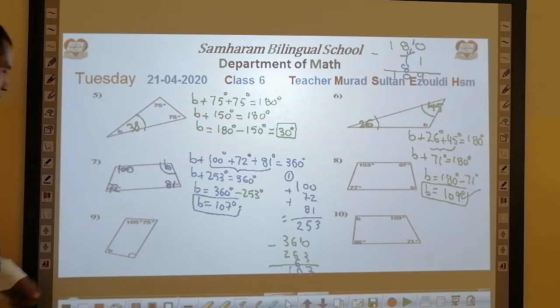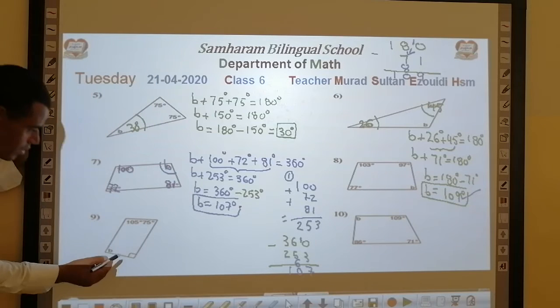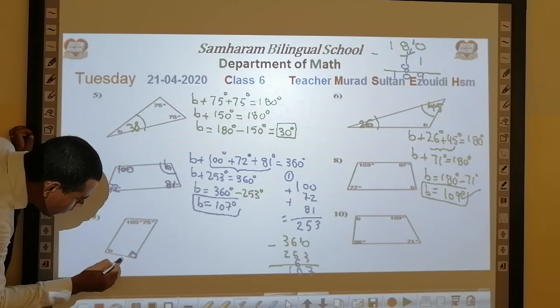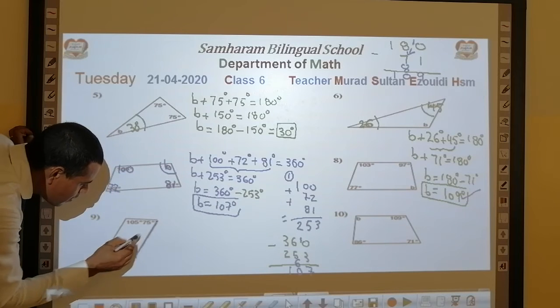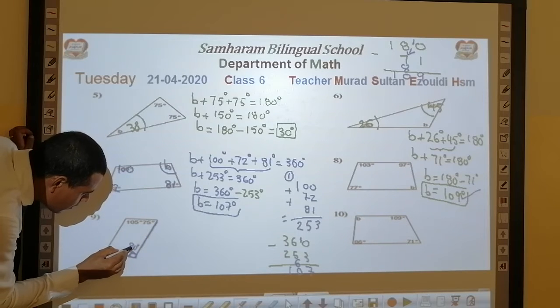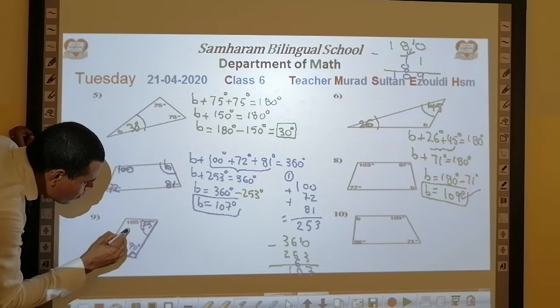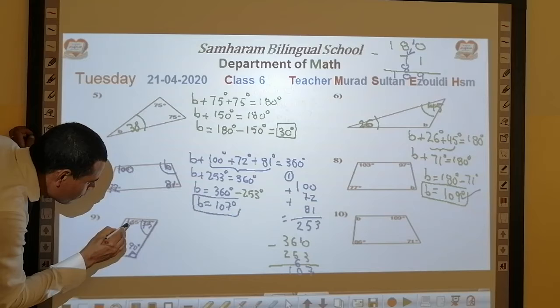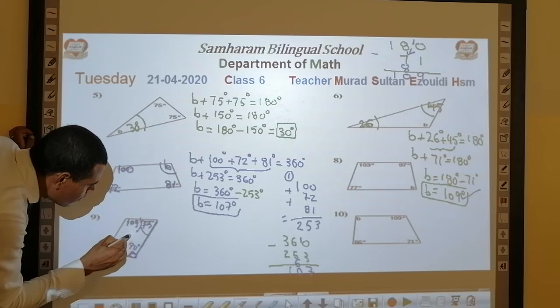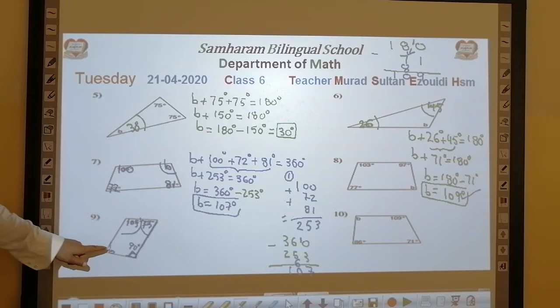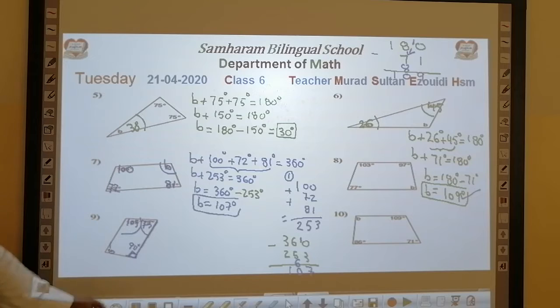Okay? The second one. Here we have, this is 90 degrees. It's 90 degrees, but it's not written. This is 90. This is 75, and this one is 105. Okay, this is easy. I will make what, my kids? I will add b plus 90 plus 75 plus 105, which is equal to 360.